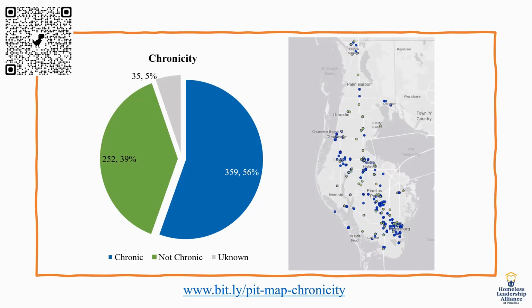The blue represents those who were chronically homeless. So in the unsheltered count, over half met the criteria for chronic homelessness. The dark blue represents where those people were surveyed, while the green represents the people who were identified as not chronic. And once again, that's an interactive map, so you can zoom in and get as specific as you want. Next slide.